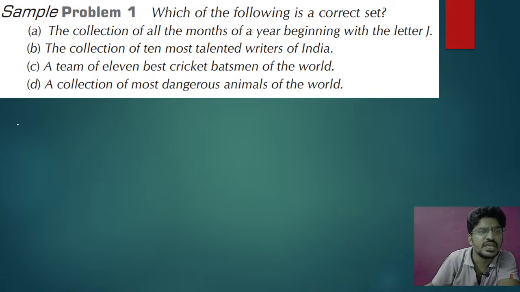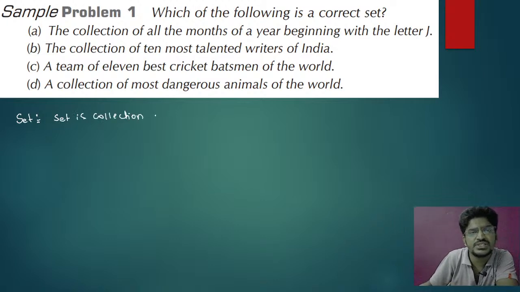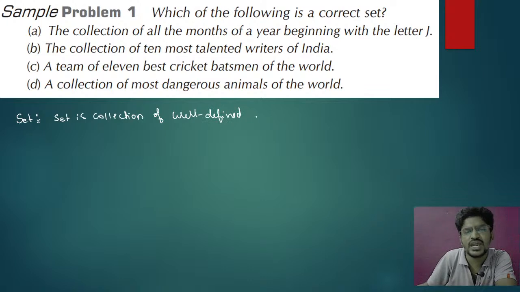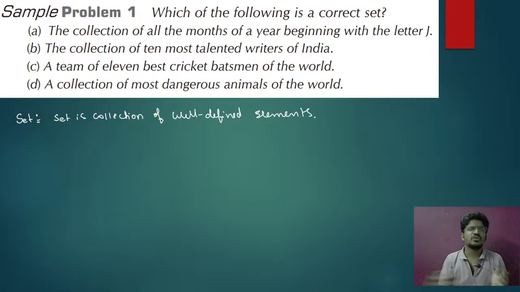So what is a set? First understand this: a set is a collection of well defined elements. You can write well defined elements, or you can also say a set is a collection of well defined objects.